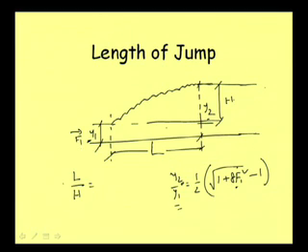When the Froude number is very low, say around 3, that means a weak jump, then the ratio L by H will be less. When the Froude number increases, the length by height ratio also increases. But for very large Froude number, again it comes down to some extent.